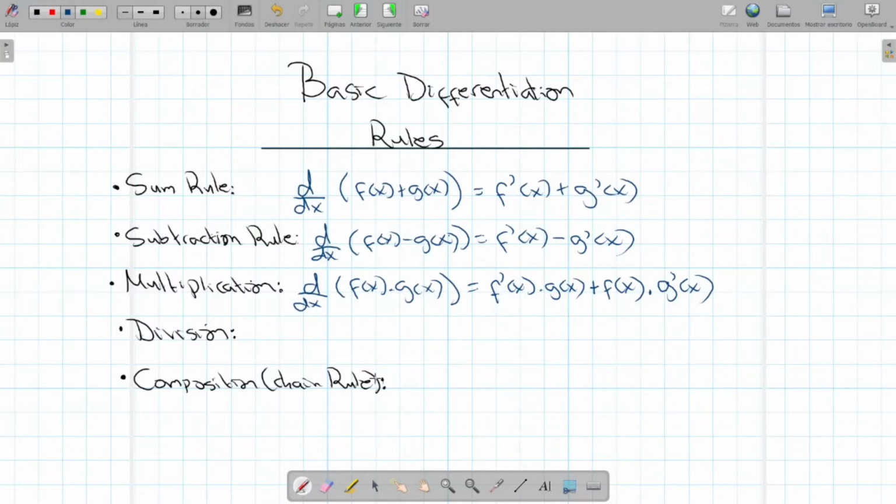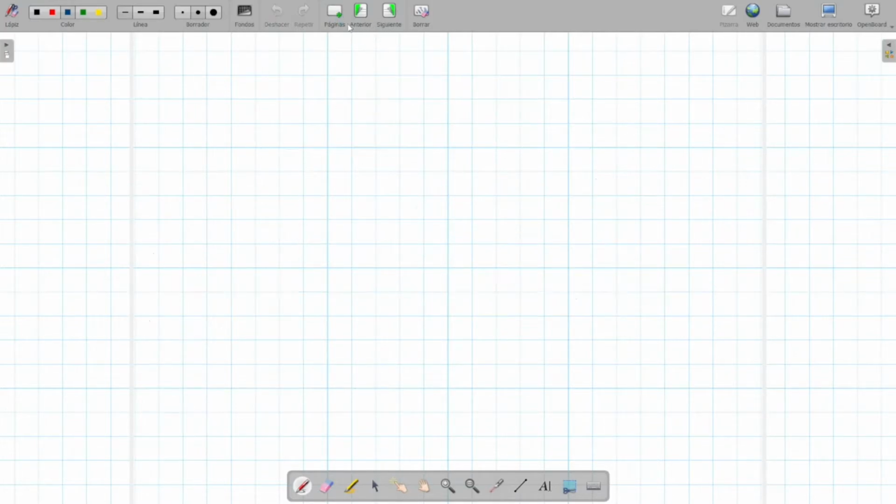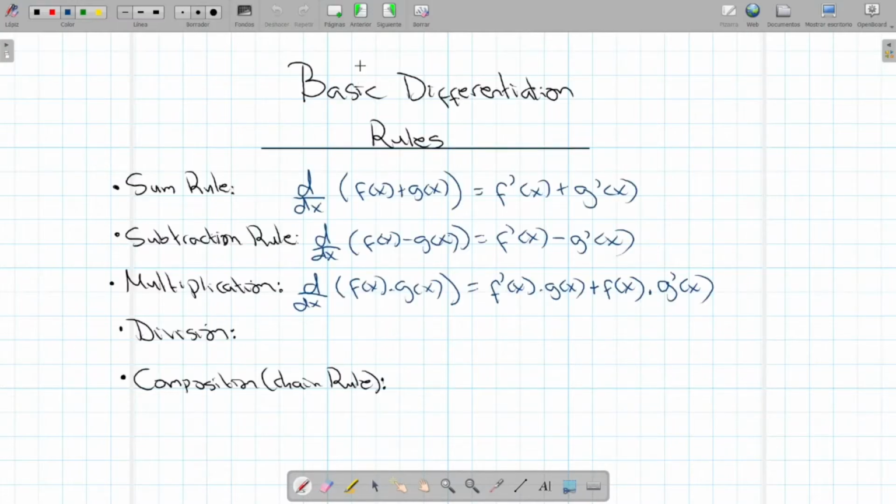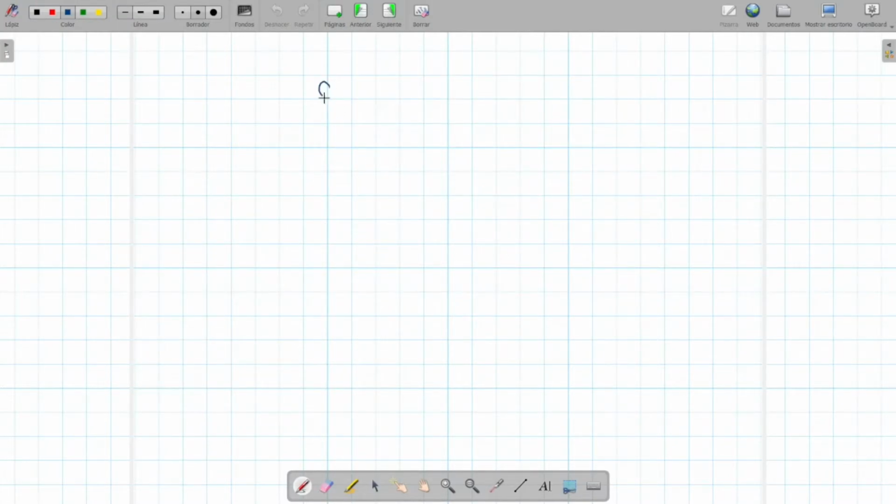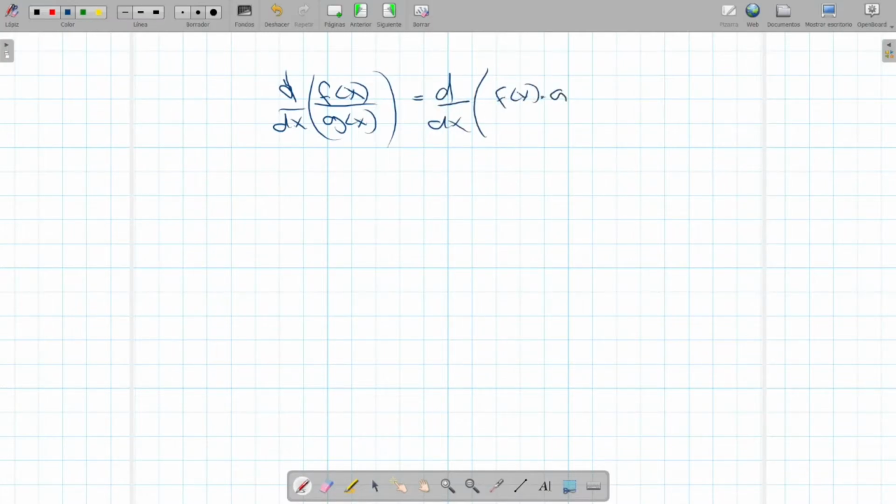Then the division. What happens with the division? Well, sometimes I use the formula I'm going to give you now, and sometimes, if I have the division of functions, depending on what comes handier, I rewrite the division as a multiplication.